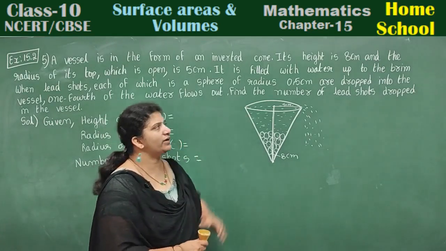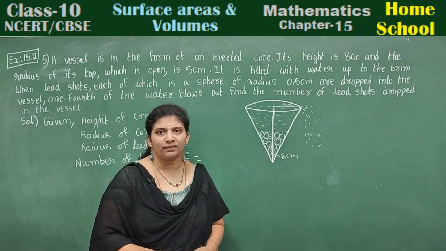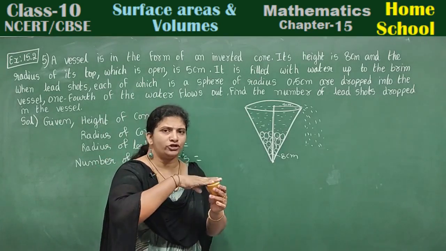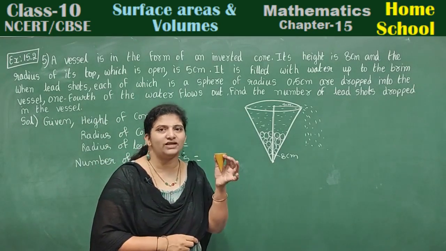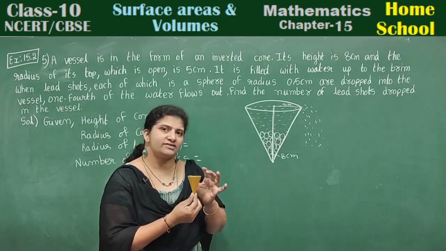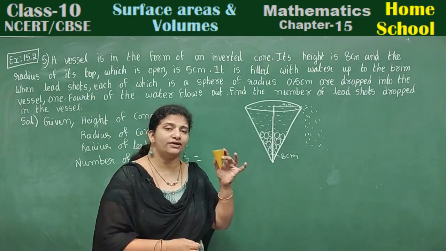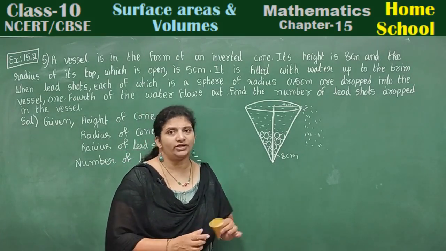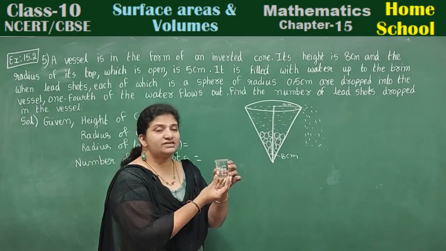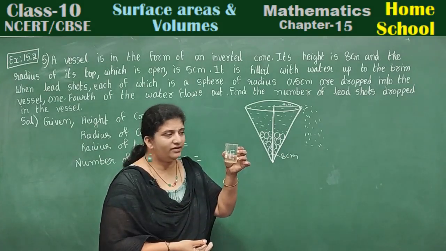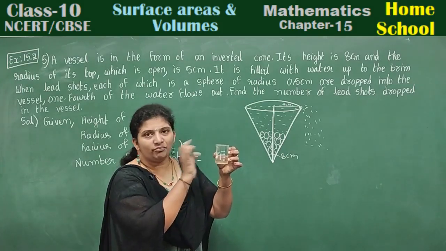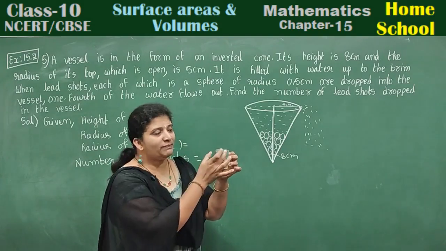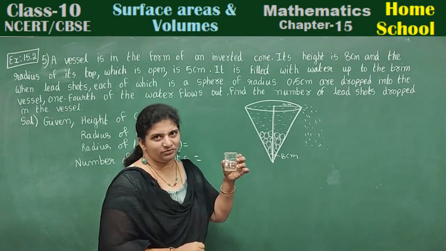It is filled with water up to the brim. Up to the brim, up to the top, this cone is filled with water. As this is a solid cone, I cannot give you a clear idea. To give a clear idea, I am going to take this cylindrical one, right? So take water up to the brim. But please imagine it as a cone.